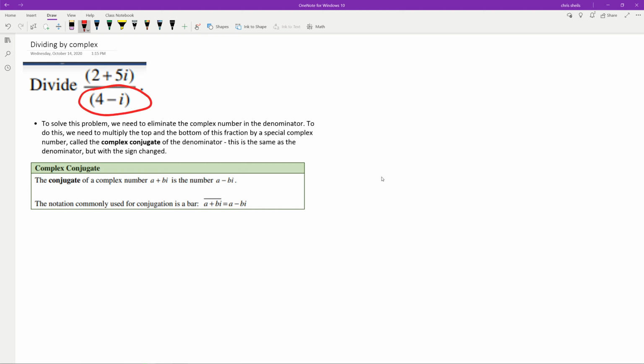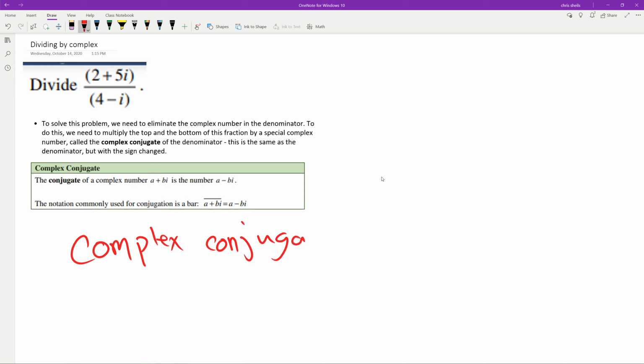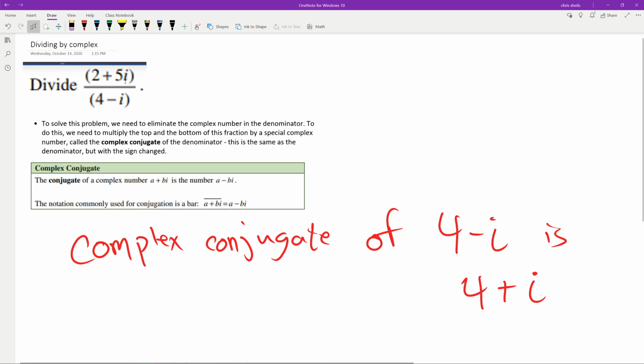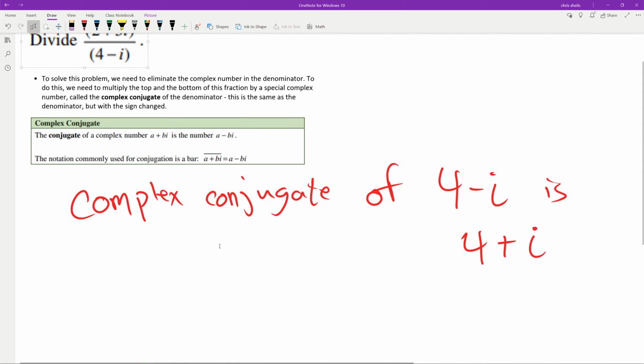So the denominator is 4 minus i. So the complex conjugate of 4 minus i is 4 plus i. So I want to multiply the top and bottom of this fraction by 4 plus i.